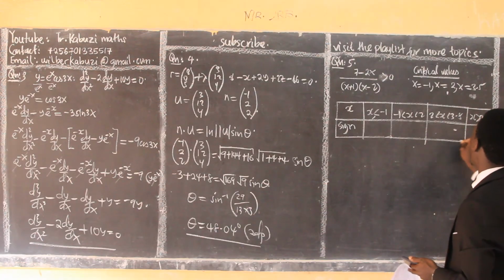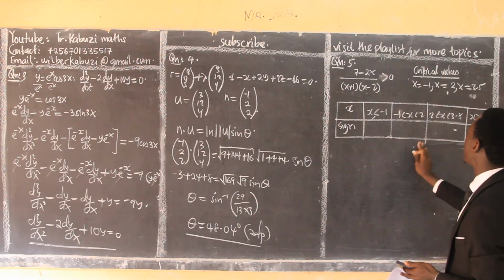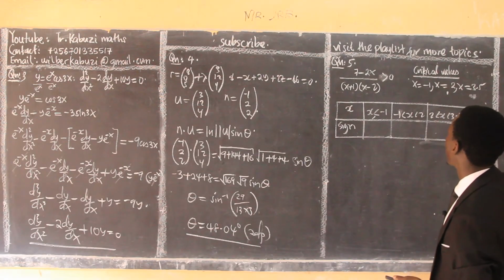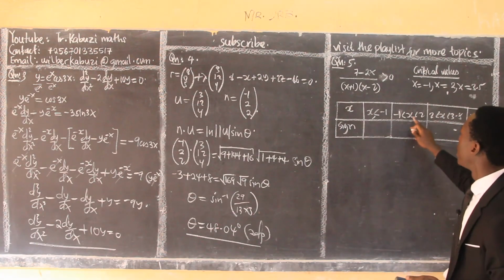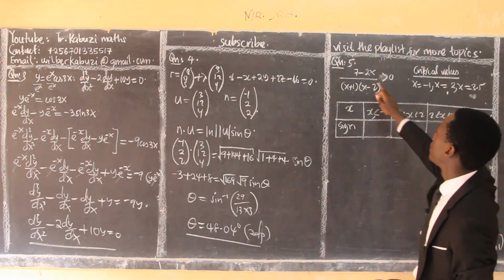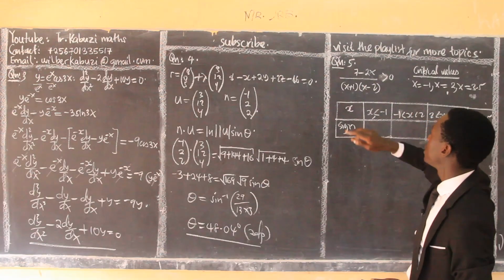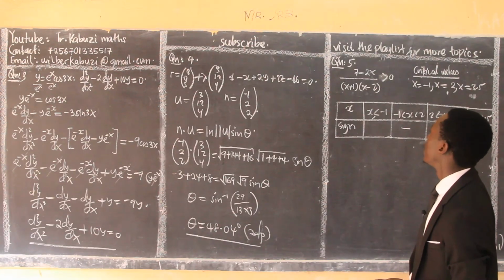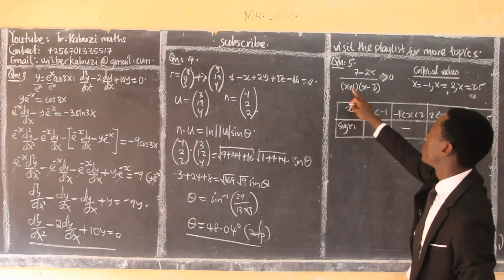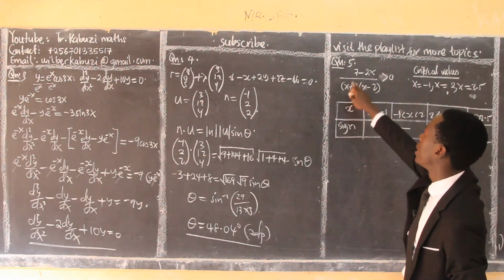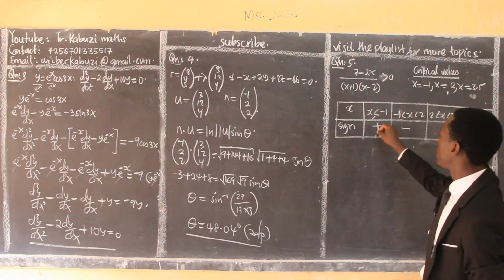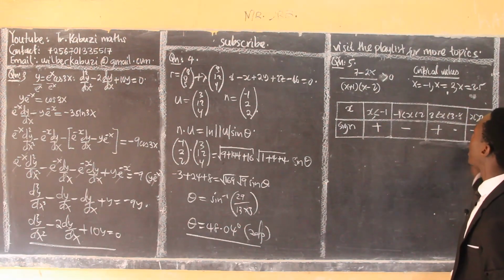Now the good thing with inequalities is that the signs alternate. I just need to know which one is having 0. When I put 0 here, I have a negative, because here I have negative 2 times 1, which is negative 2, divided by positive 7, which is negative. And once this is negative, this is positive, this is positive, this is negative.